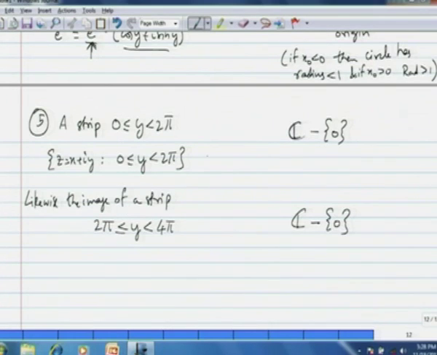What is also important is that the map from this strip onto C minus 0, which is the range of e power z, is 1 to 1. The function e power z is 1 to 1 on this strip, which is not a feature of the exponential function in general.